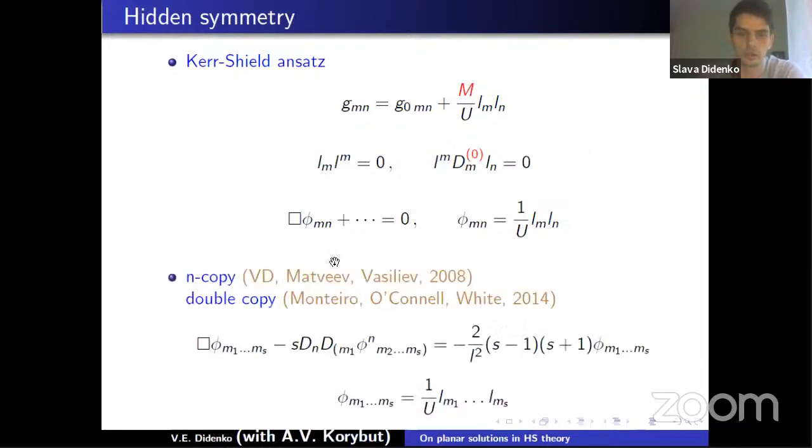And this is what is known as the double copy property, which to my surprise was observed only in 2014, even though I suspect there must be something in the twistor literature many years before that. So this is the paper of White, Luna, Monteiro, O'Connell, where they checked that black holes do possess double copy properties in asymptotically Minkowski spacetime.